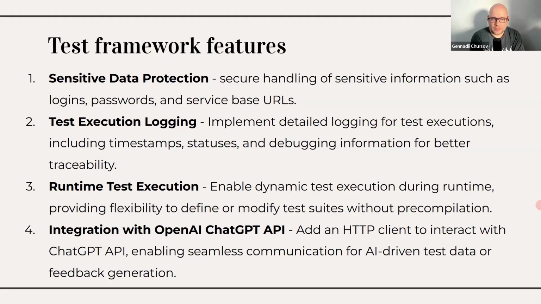The next step was to enable dynamic running of the test because in that loop, when I ask ChatGPT to generate a test, I will get back some code written in TypeScript. But of course, I need to copy paste it and put it into the framework, and then I need to run it automatically.